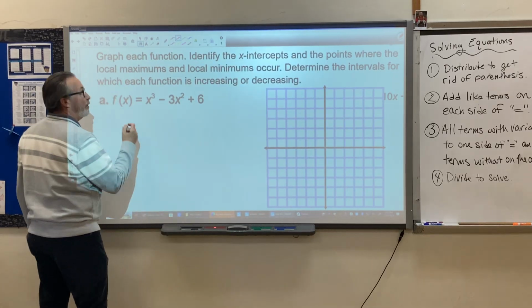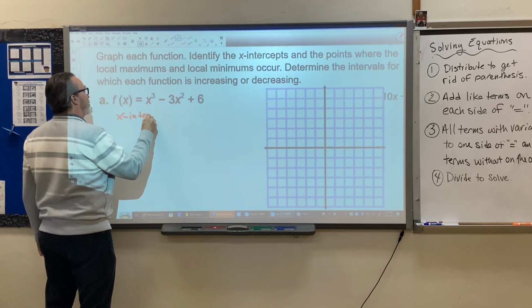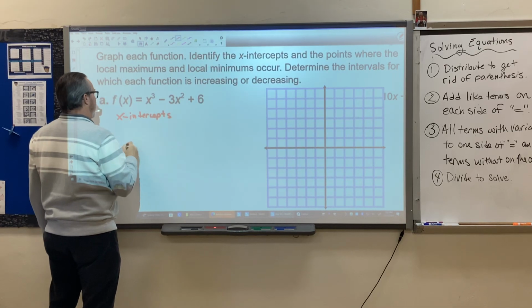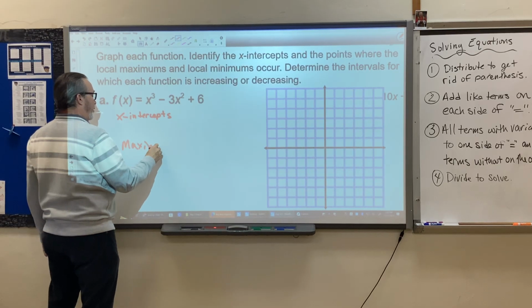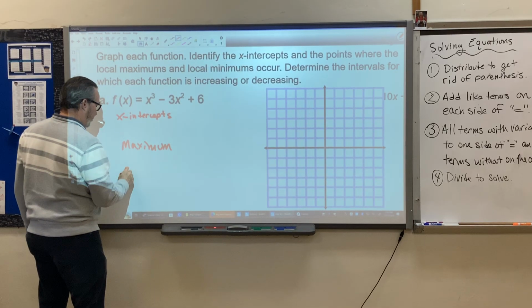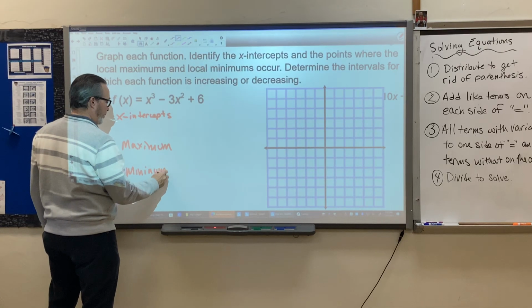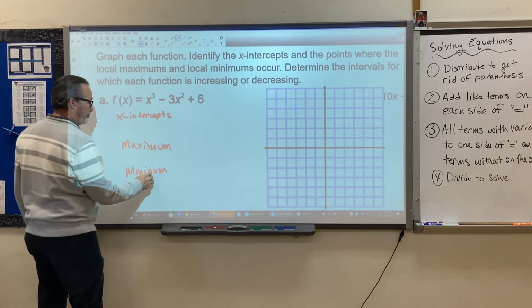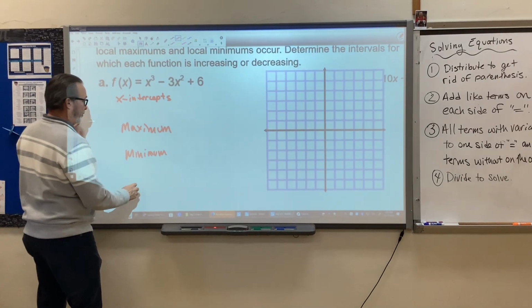So we need to know x-intercepts, maximum, minimum, increasing, decreasing.